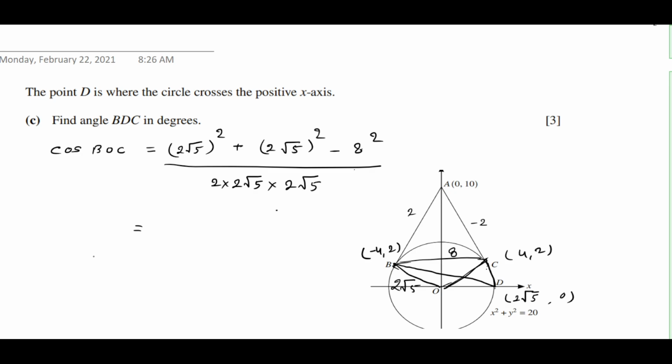Now here the coordinates are -4, 2 and 4, 2. Cos A is equal to b square plus c square minus a square upon 2bc.